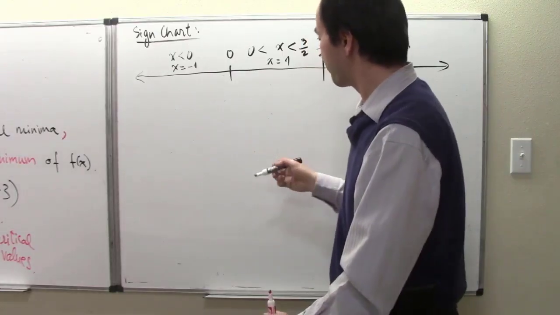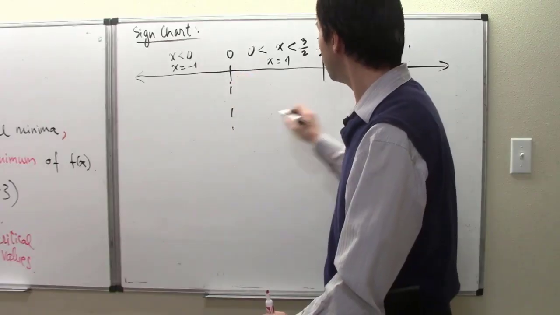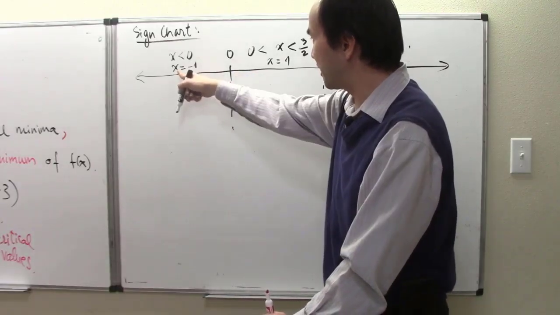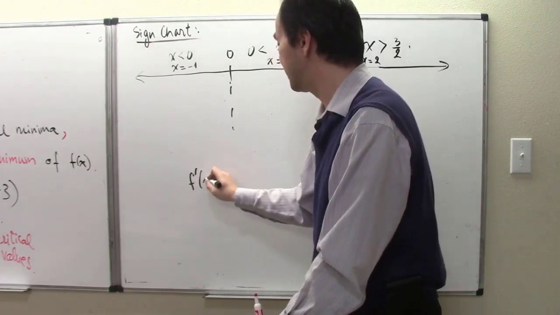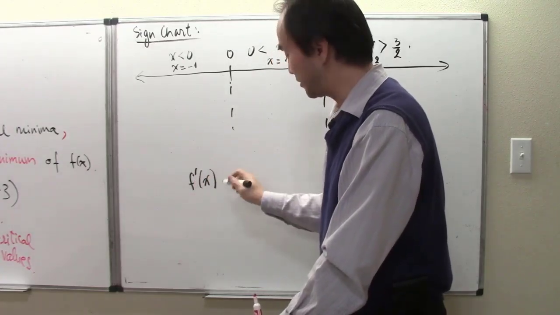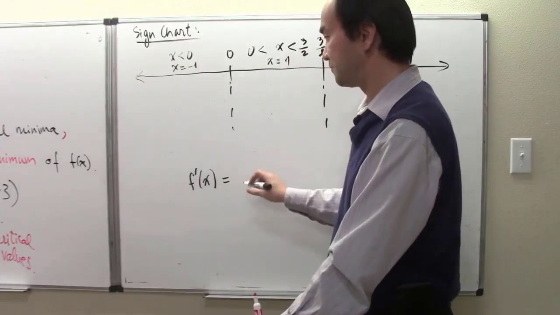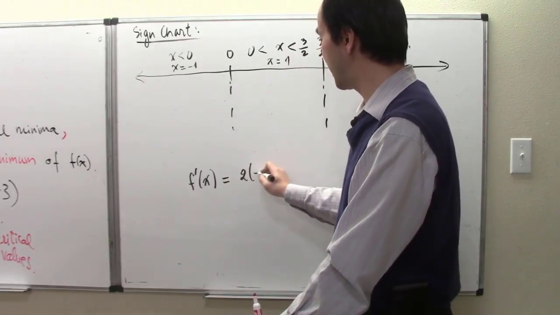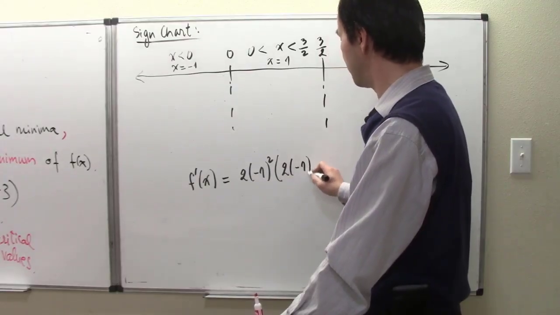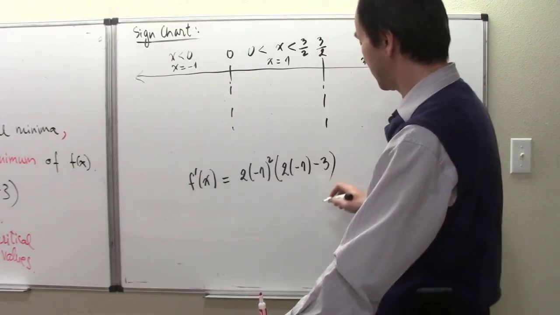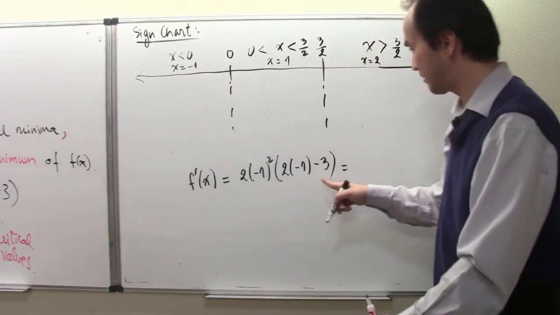And so for that checkpoint, x equals -1, our f prime here, in factor form again. The factor form is always the better one. So 2 times -1 squared, right? Times 2 times -1 minus 3, right? So that should come out being what?